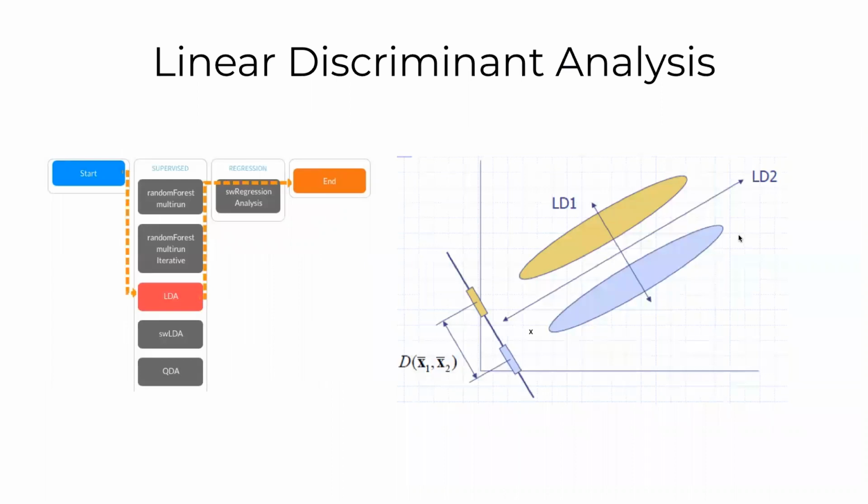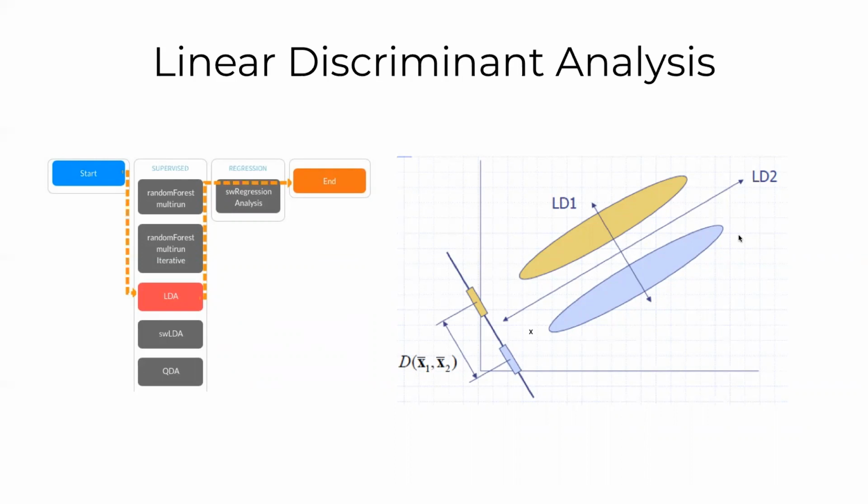One technique that we can talk about that also has a pipeline associated is linear discriminant analysis, which is a generalization of Fisher's linear discriminant. This is a method used in statistics, pattern recognition, as well as machine learning. It's used to find a linear combination of features that characterizes or separates 2 or more classes of objects or events.